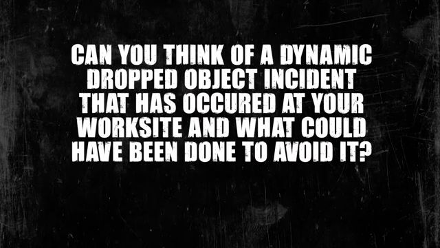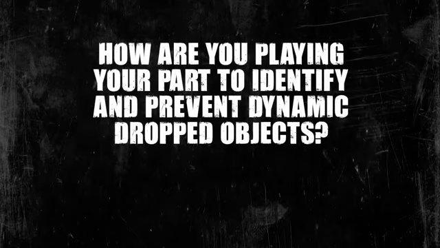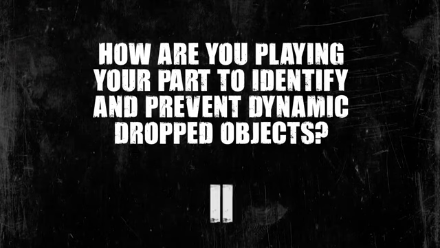Can you think of a dynamic dropped object incident that has occurred at your worksite, and what could have been done to avoid it? How are you playing your part to identify and prevent dynamic dropped objects? Play your part.